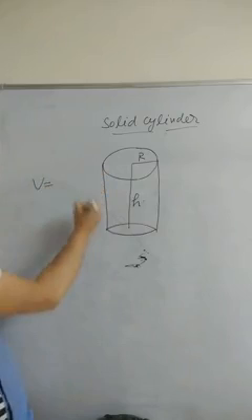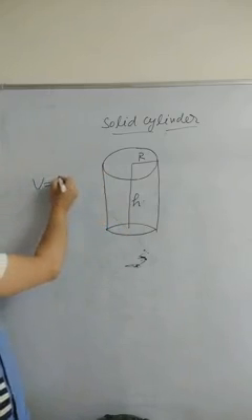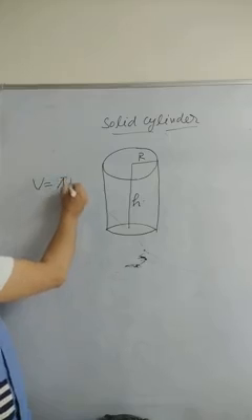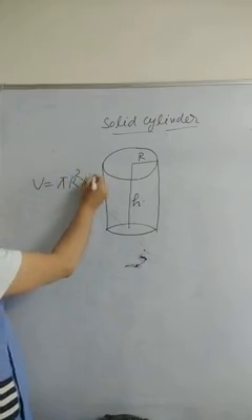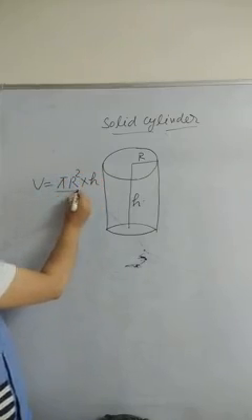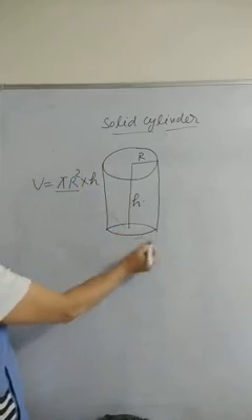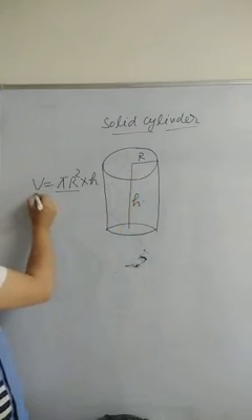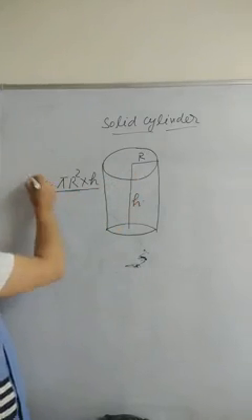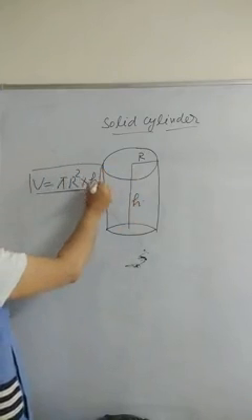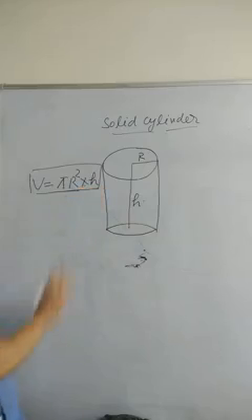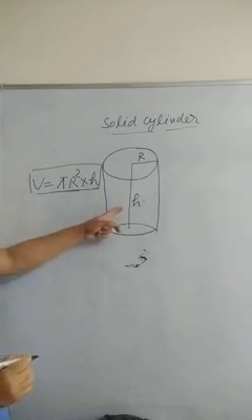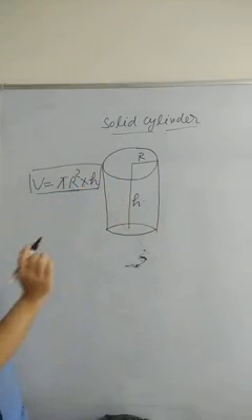The volume of this cylinder is pi r square into h. This pi r square is the area of the base, and h is the height. So the volume of a cylinder is calculated with pi r square into h.